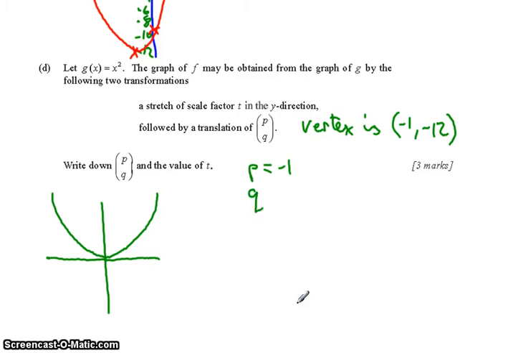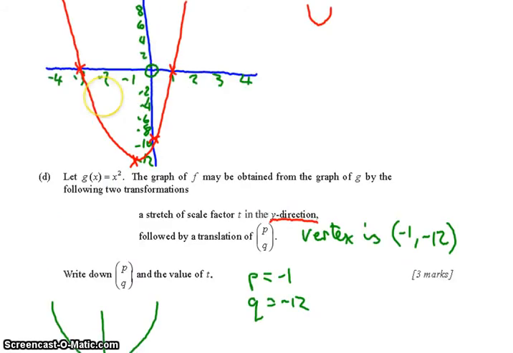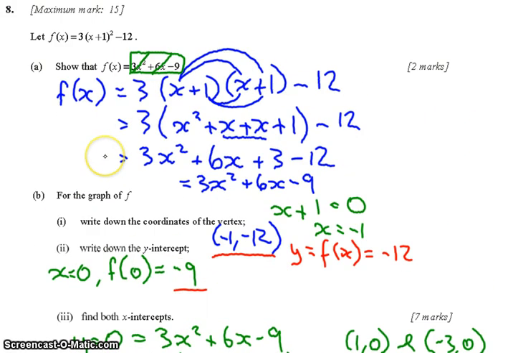so P equals minus 1, Q equals minus 12, and then the tricky bit, this has been stretched by a value of T. It's a vertical stretch because it's in the y direction. Well, the key here is to look at our original equation.